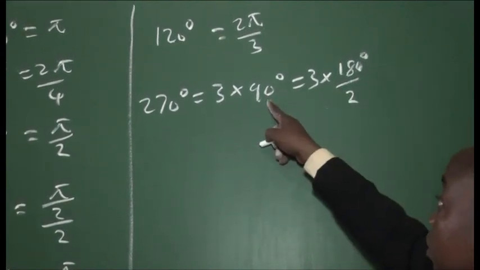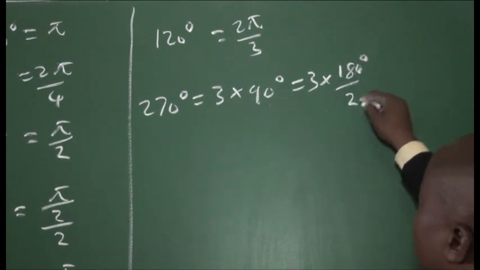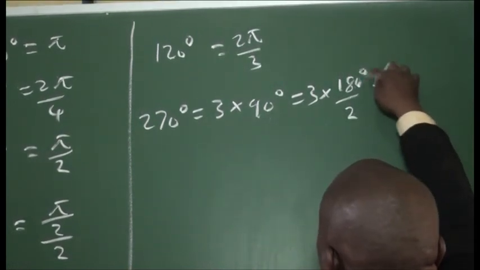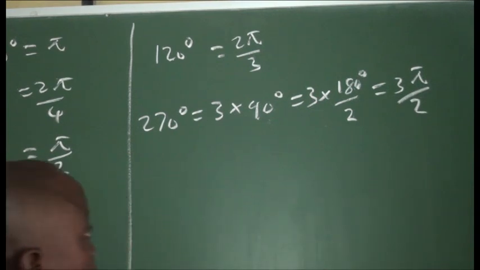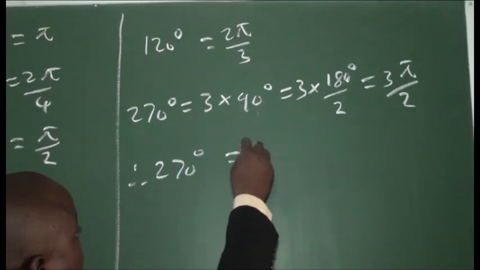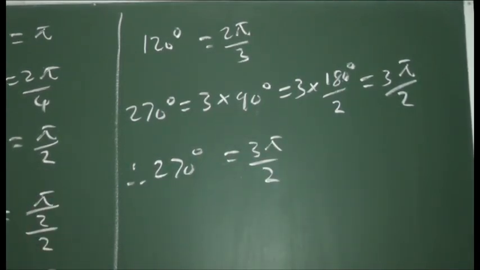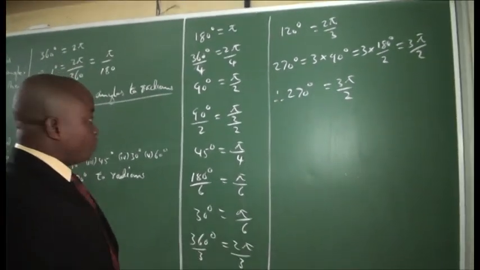So we can represent 90 degrees by 180 degrees over 2. And 180 degrees is pi, so 270 degrees equal 3 pi over 2. So these are the conversions we can do for now.